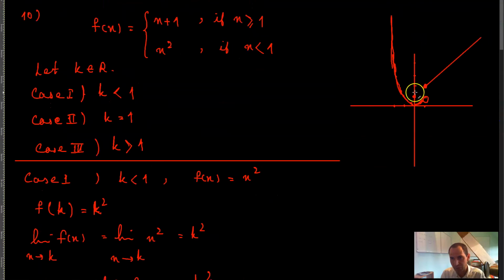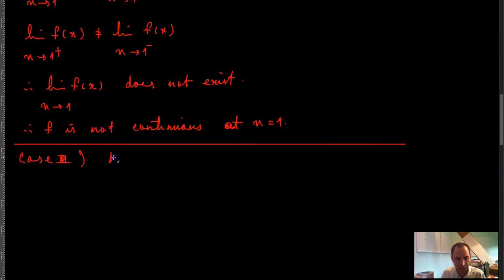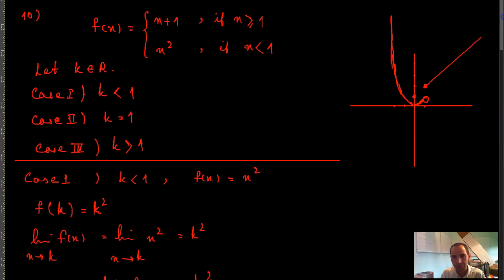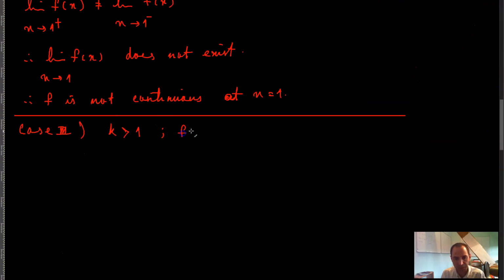Now case 3, we said that that's for k greater than 1. Now in that case, we have f of x is equal to x plus 1. And so f of k would be equal to k plus 1.